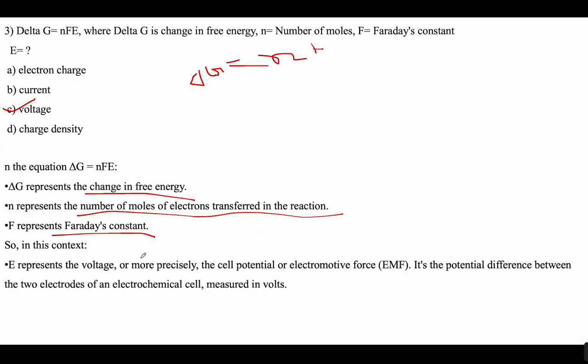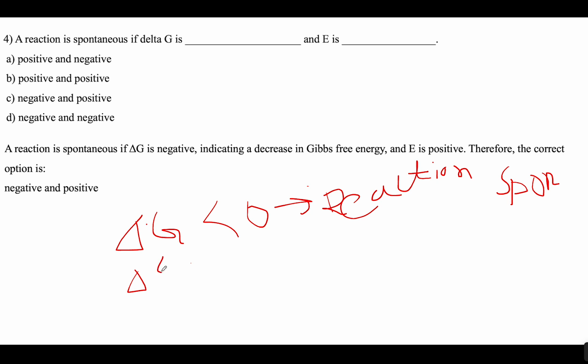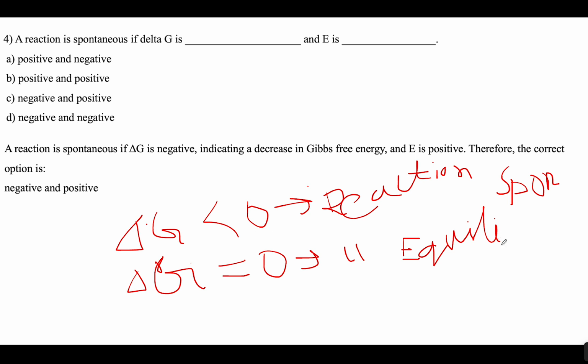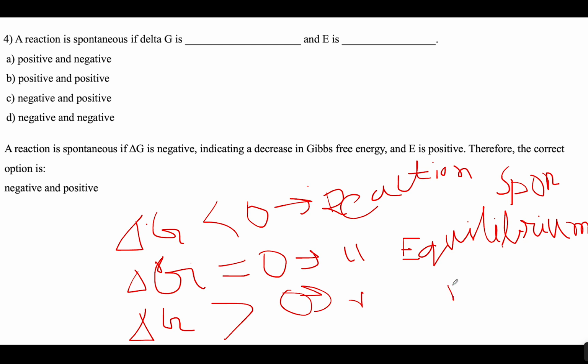If delta G equals 0, the reaction is in equilibrium. If delta G is greater than 0, the reaction is non-spontaneous.